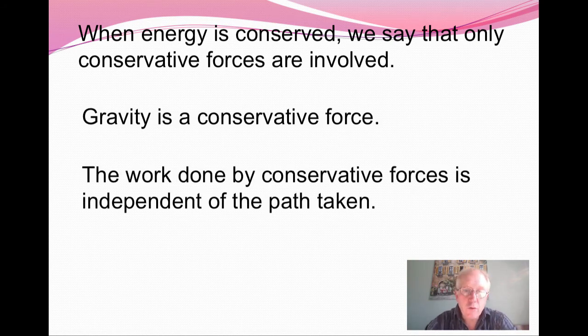In a conservative force, the work done is independent of the path taken. Think about that on an incline. How much work would gravity do if I dropped an object from 1 meter, or if I put it on an incline 1 meter high and then had it on an angle of 30 degrees, let's say, or any degrees really?